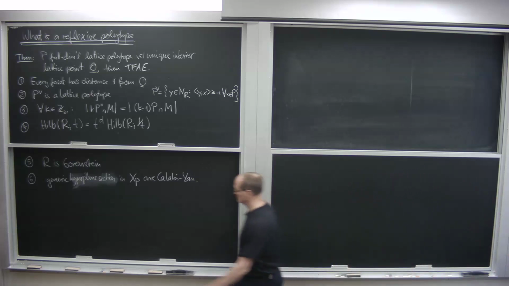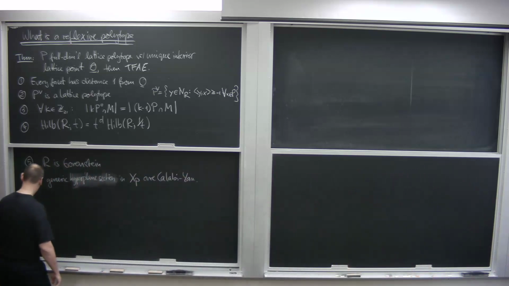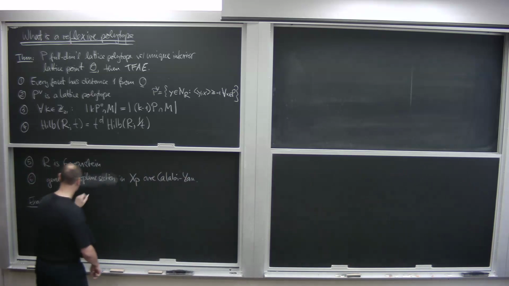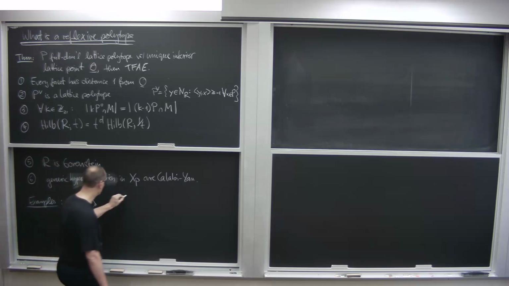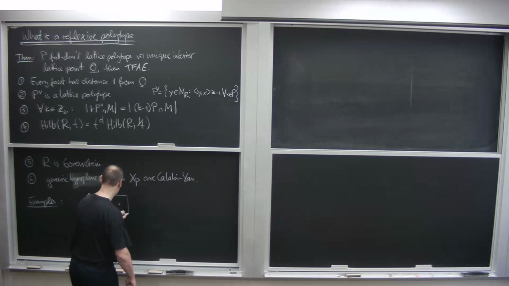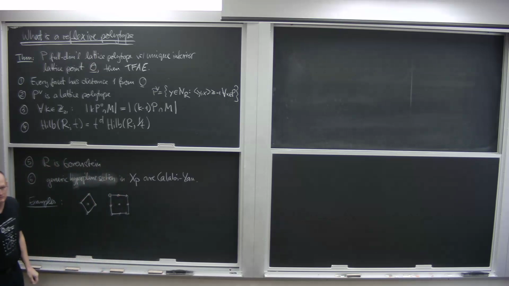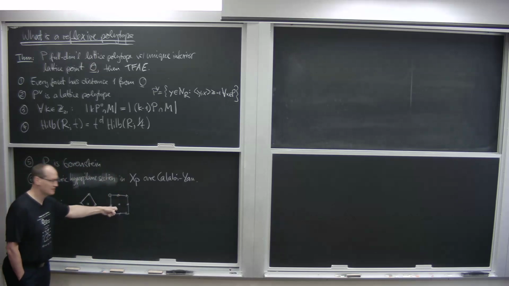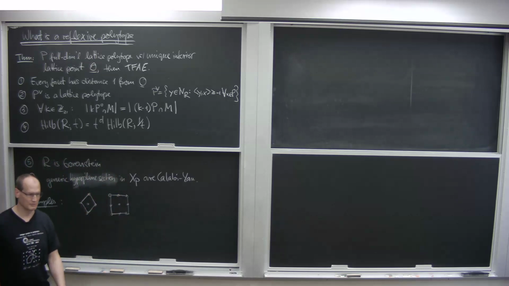So here are examples. The cross polytope works in every dimension, and the dual of it is the plus minus 1 cube. Okay. And this in dimension 3 might be a good starting point for the exercise.